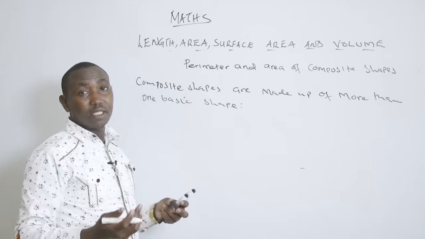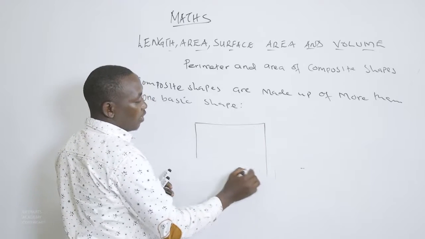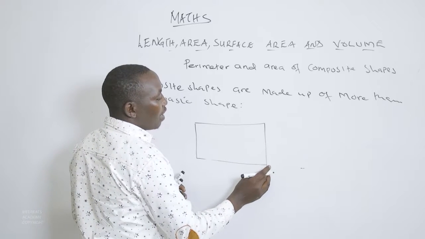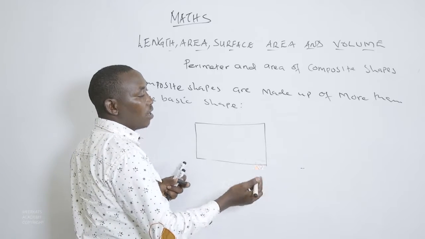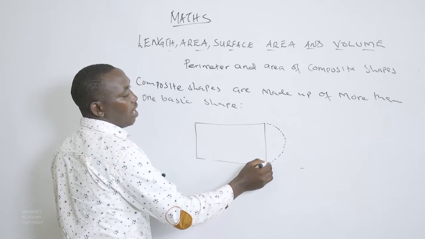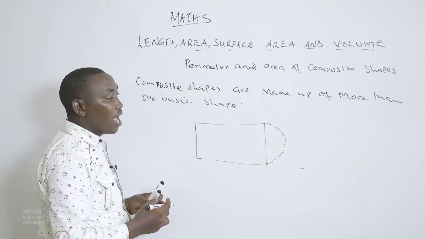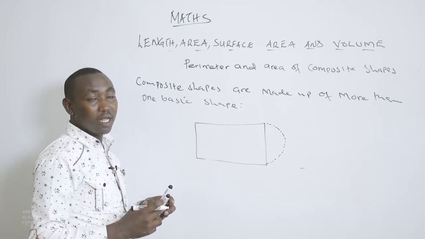So if we are talking of a rectangle, for instance, we do not have a rectangle alone. We might have a rectangle plus some other figure attached to it, and it can be two or more than that.